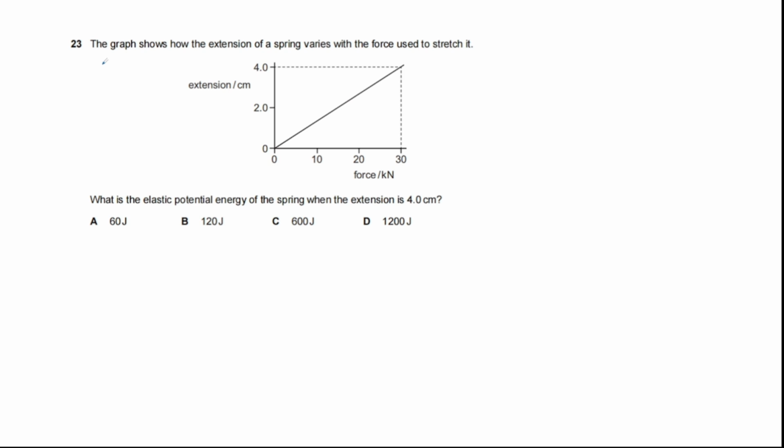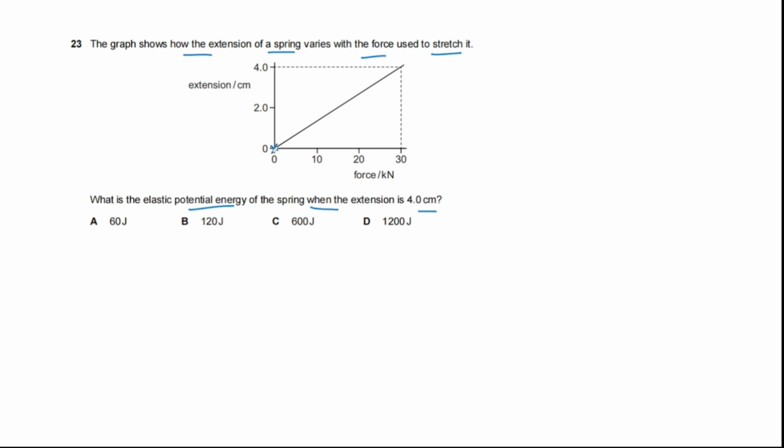Question number 23. The graph shows how the extension of a spring varies with the force used to stretch it. So this is the graph. What is the elastic potential energy of the spring when the extension is 4 centimeter? So when there is a spring, the actual length is getting changed by the extension.